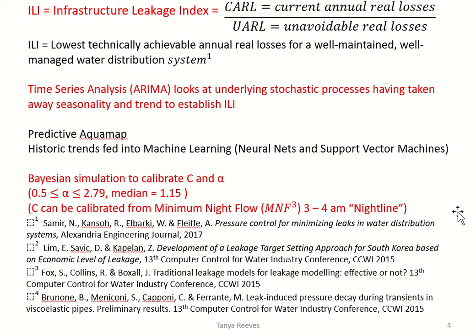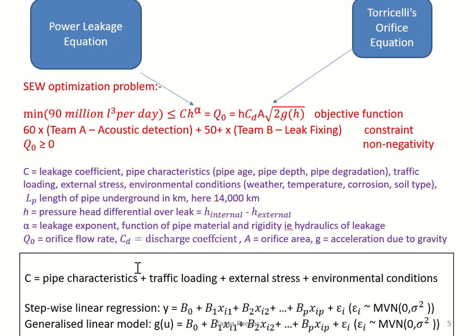So Bayesian simulation could be used to calibrate the two very important parameters C and alpha. So C and alpha are related to the power leakage equation, which is C times H to the alpha.